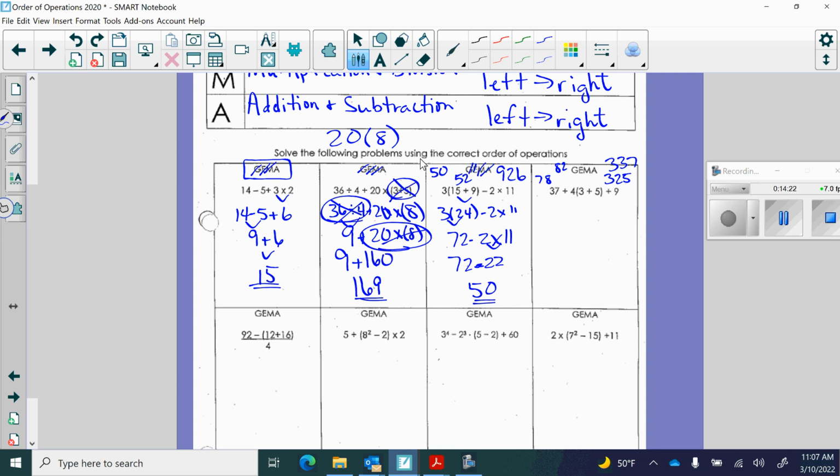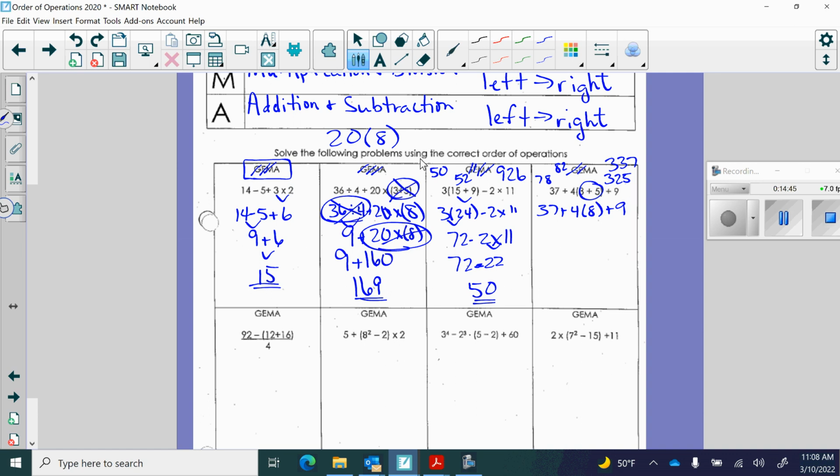So let's look at it. Do I have any groupings? Yes, I have one grouping in the middle. So I'm going to rewrite everything out. 37 plus 4 times, 3 plus 5 is 8, plus 9. Do I have any other groupings? Nope. Once it's down to one number, it's not a grouping now, it's a multiplication. Do I have any exponents?